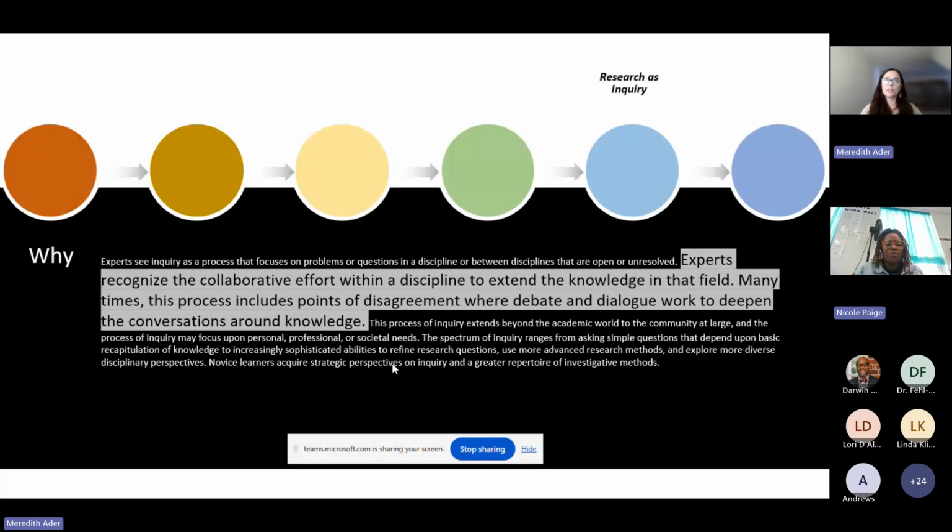Why? Research as inquiry. Experts recognize the collaborative effort within a discipline to extend the knowledge in that field. Many times, this process includes points of disagreement, where debate and dialogue work to deepen the conversations around knowledge. When we talk about why, we're talking primarily about biases.